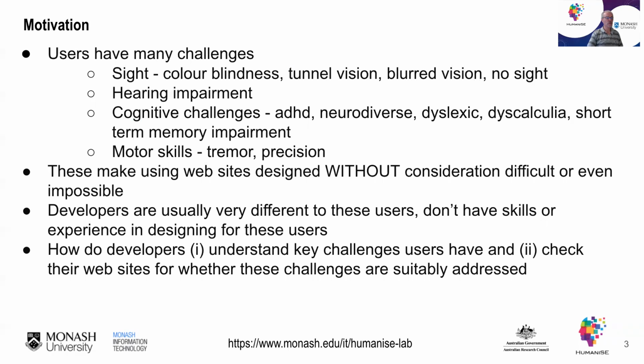What we wanted to do in this work is help developers who don't have these challenges or don't have the skills or background of developing websites with these challenges to be better able to support these diverse end users.